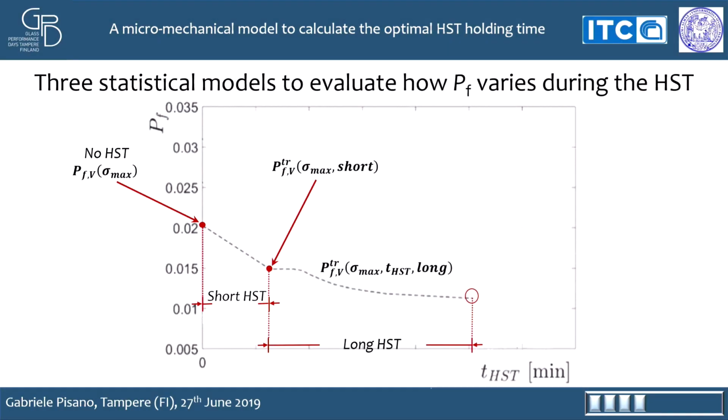We can think that it is much slower and more limited than for surface cracks, since there is a very small contact of water, almost null. And so it is important to precisely define what is the subcritical crack growth for interior cracks. Obviously, the higher is the effect of subcritical crack growth, the higher is this value of failure probability, and vice versa.